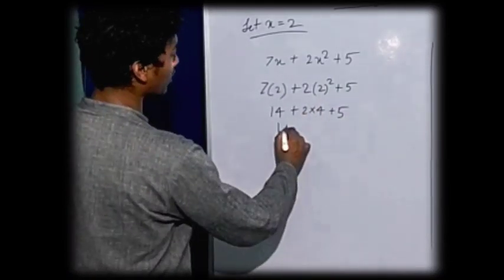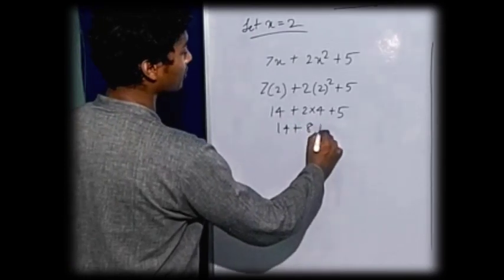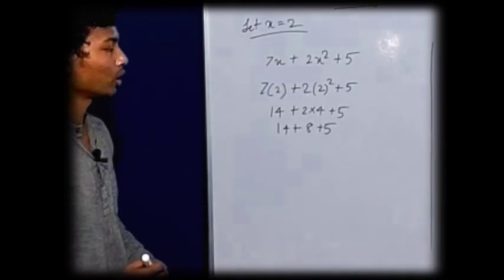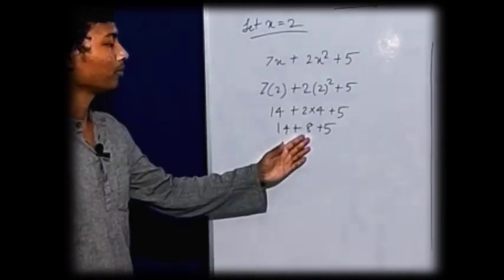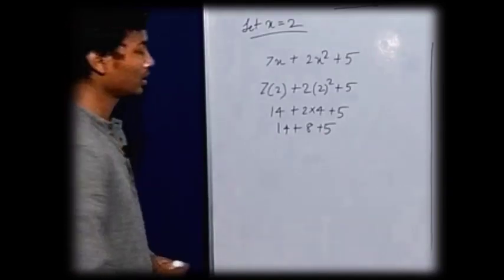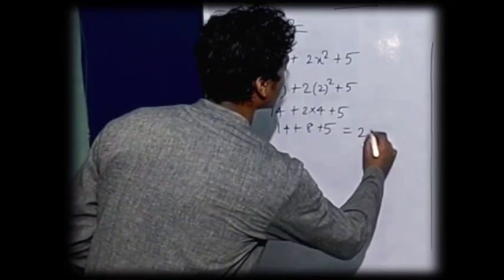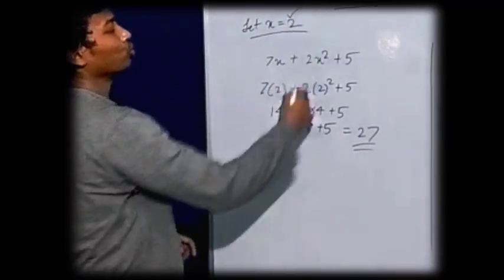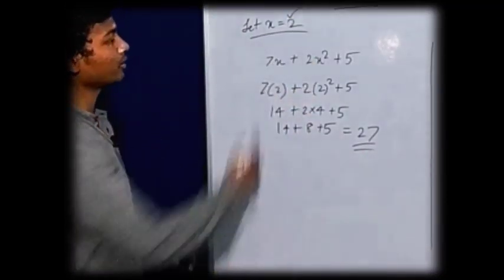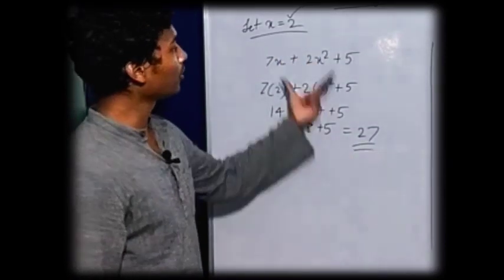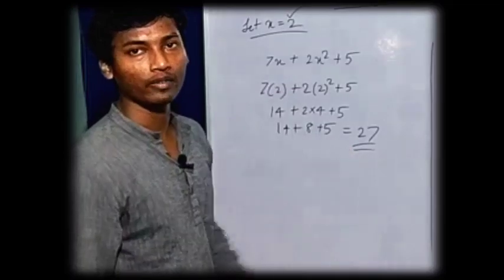So 14 plus 2 4s are 8 plus 5. Now if we add them, what do we have? 14 plus 8, 22 plus 5, 27. So if we assign the value 2 to x, which is the variable in this algebraic expression, the result of this algebraic expression is 27.